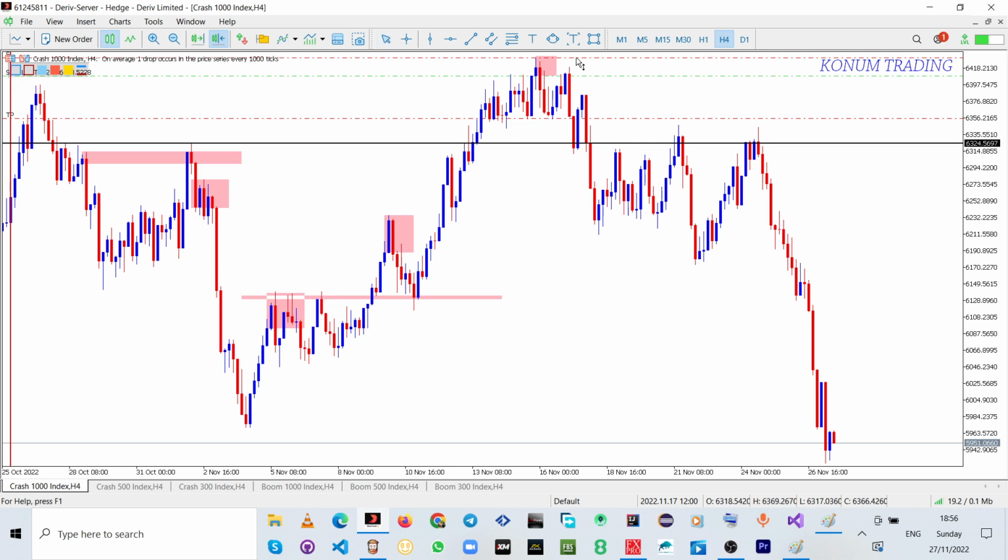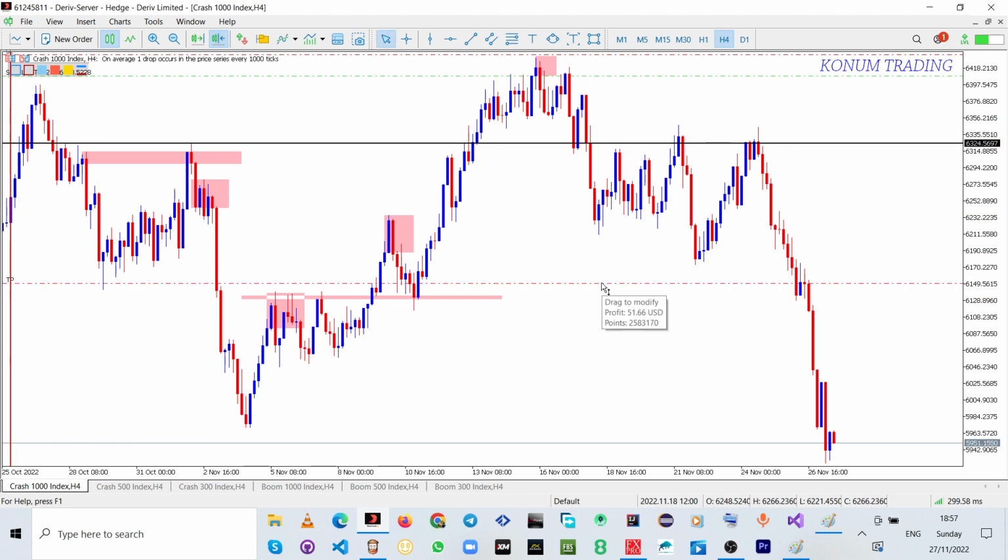As you can see, the stop loss will be right there, $5. Then your take profit could be as low as right here. So you can see this will be a $51 reward trade, risking $5. So this is a 1:50 trade.